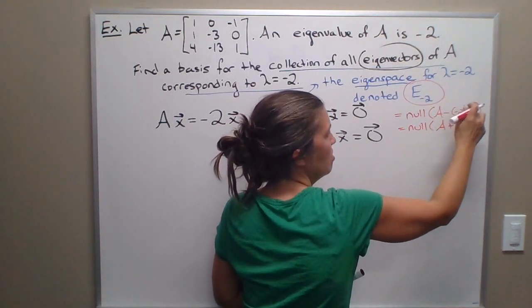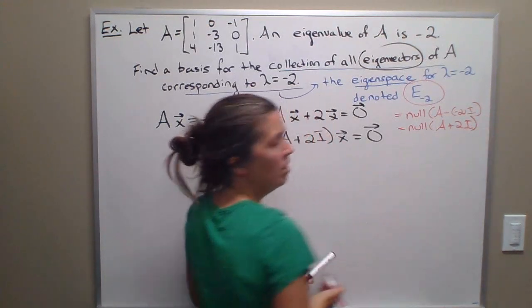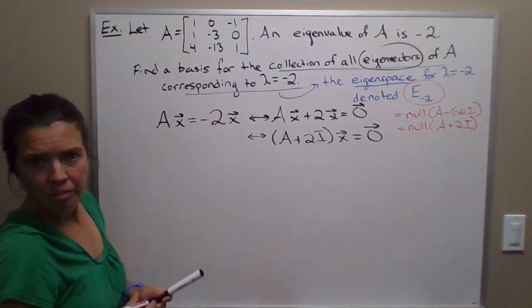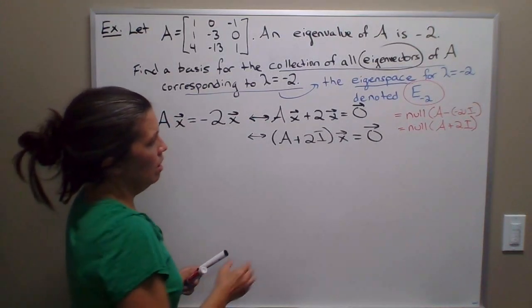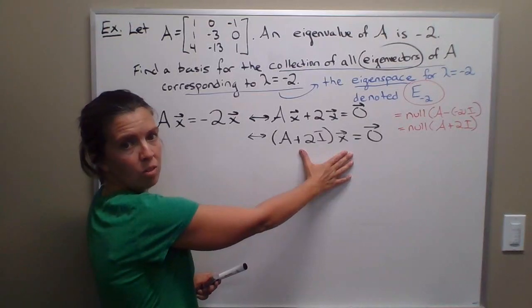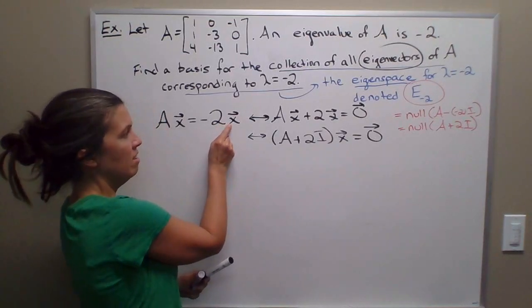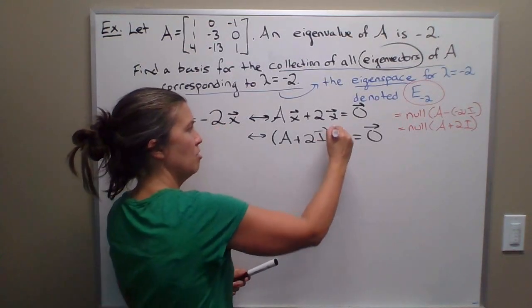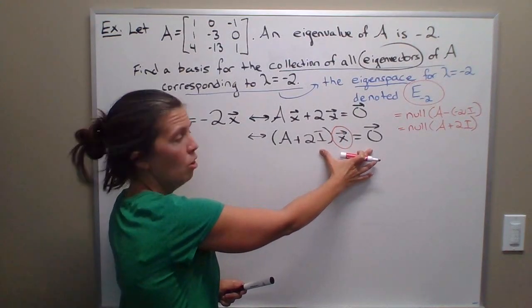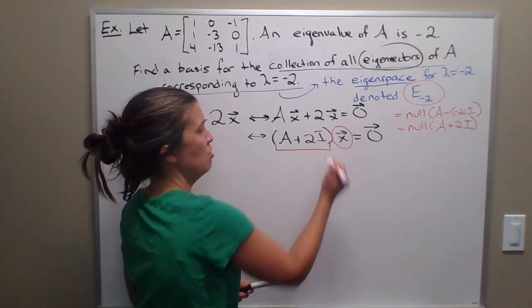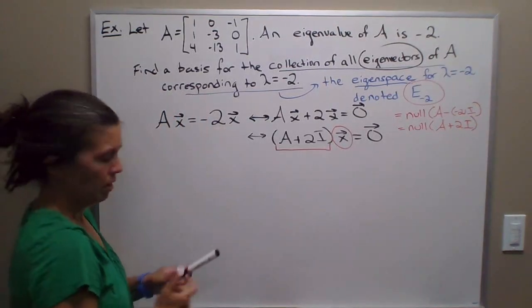It's plus because it's minus the negative, minus the -2 times I. Which is also what I'm saying here. So we want to solve for the vector x in this equation, which means we want to find the null space of this matrix right here, A plus 2I.